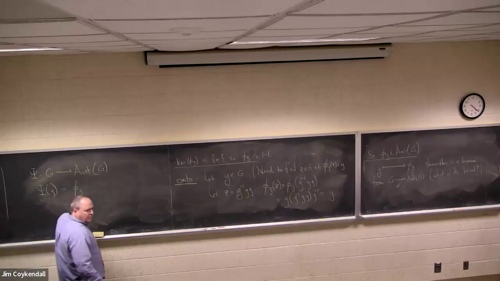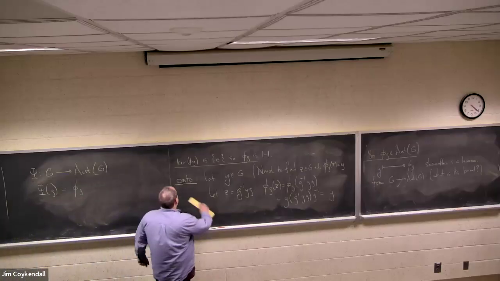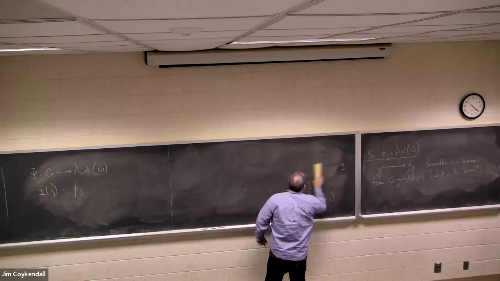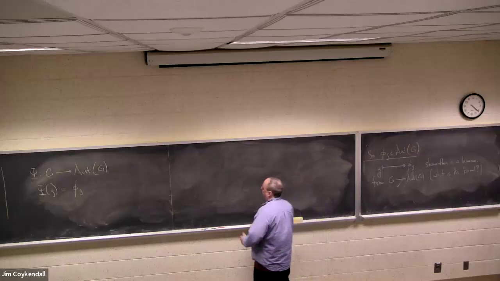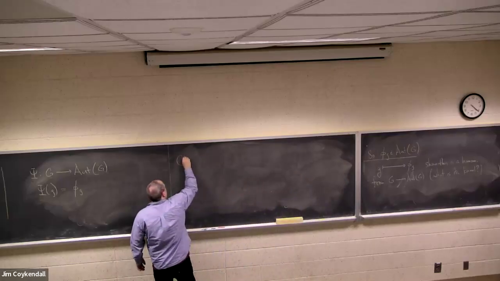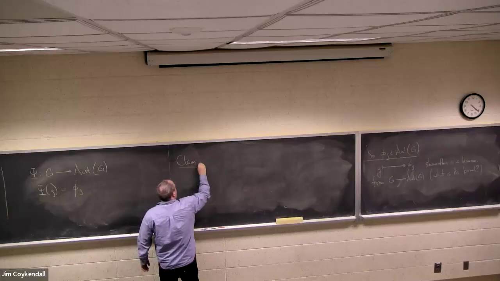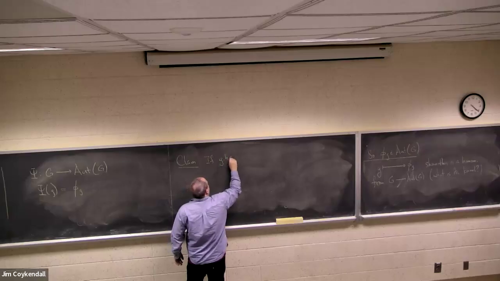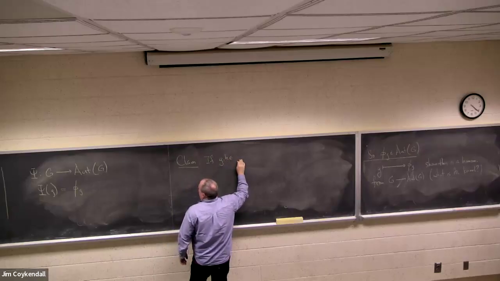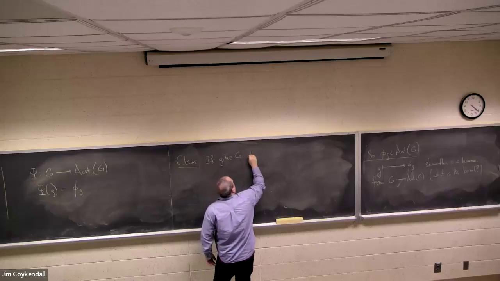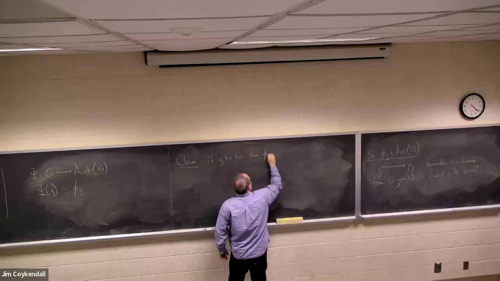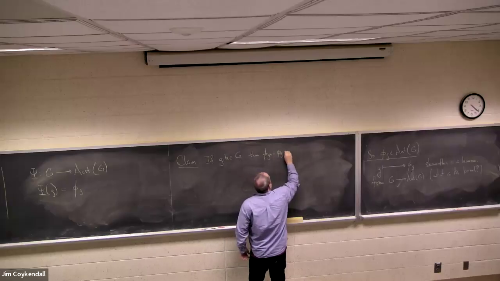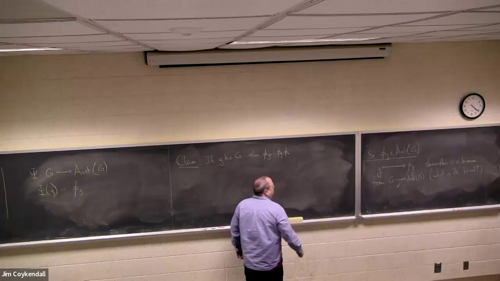Now, before I formally show that this is a homomorphism, I can kind of see what's coming. So I'm gonna make an observation here and prove it. I claim if g and h are in G, then phi of gh is phi of g composed with phi of h.